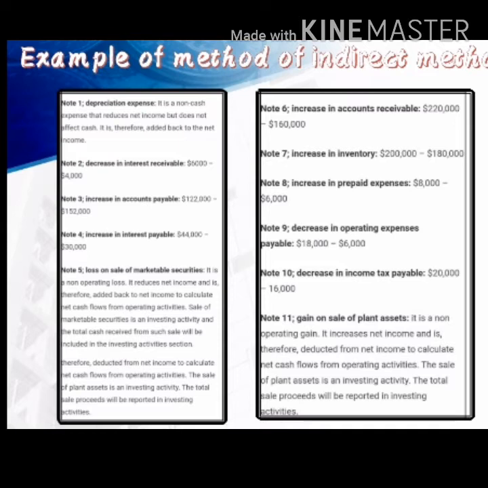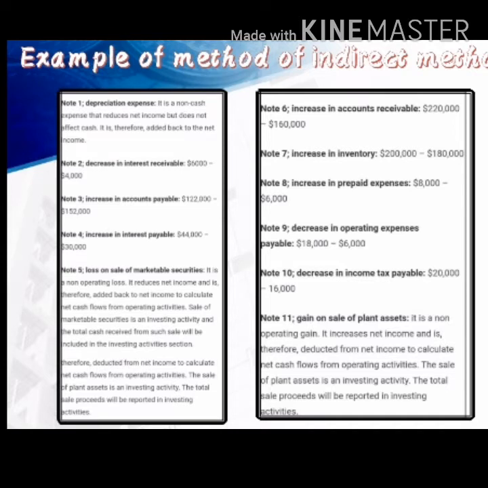The beginning balance is 6,000 minus the ending balance, which is 4,000. So the decrease in interest receivable totals $2,000.